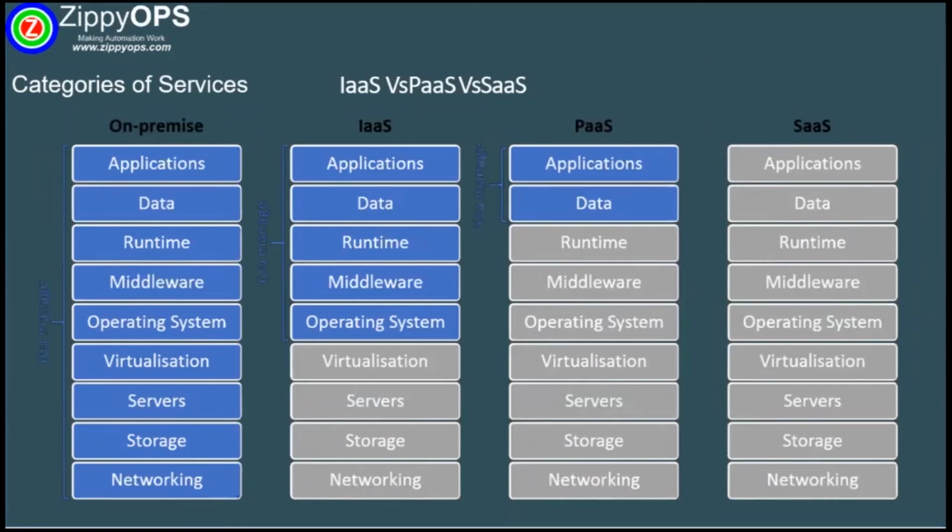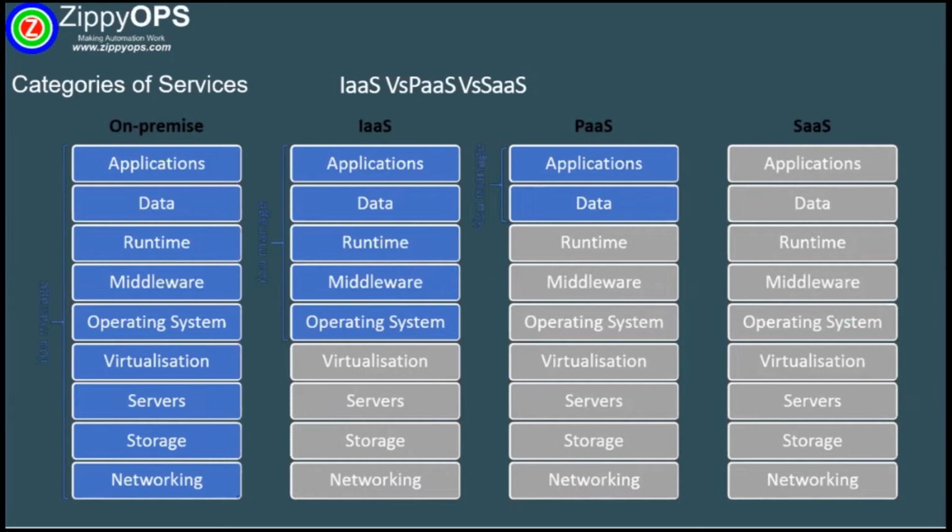And the next thing is called PaaS, that's platform as a service. Let's say I'm a developer, I'm not worried about what the server is, what the capacity is, nothing. What I want is to develop a code and upload the code, and that code should be running somewhere.